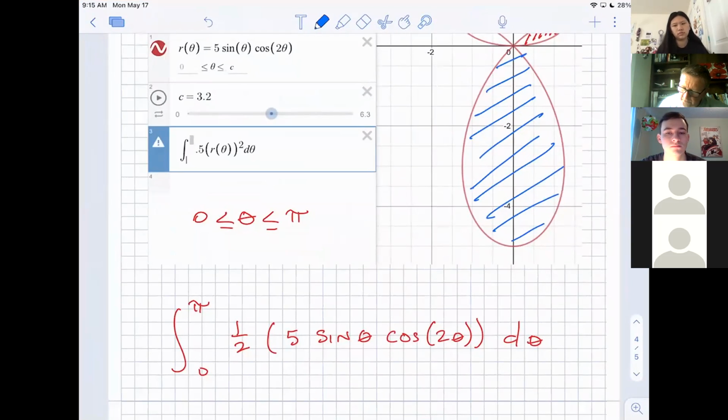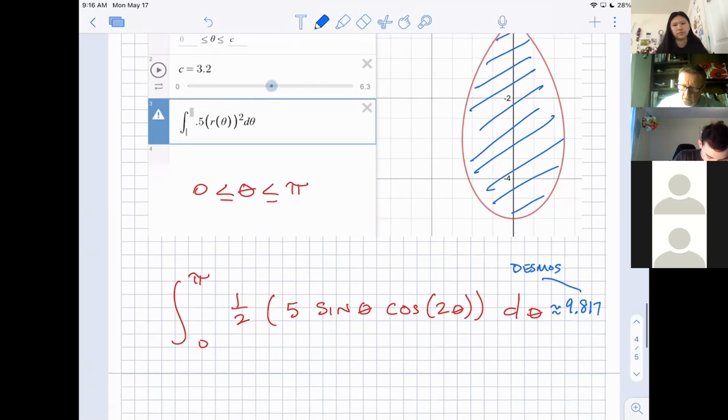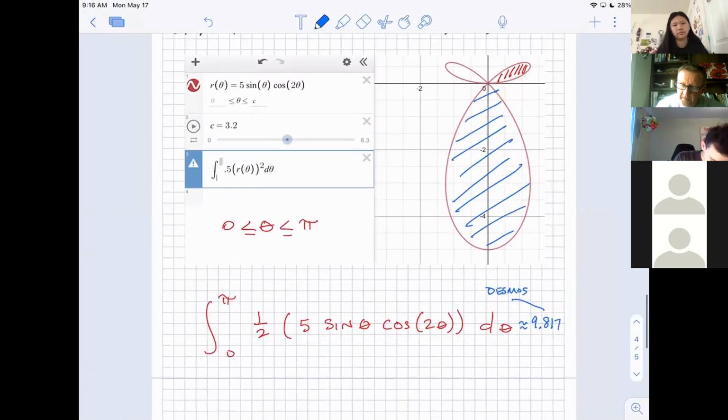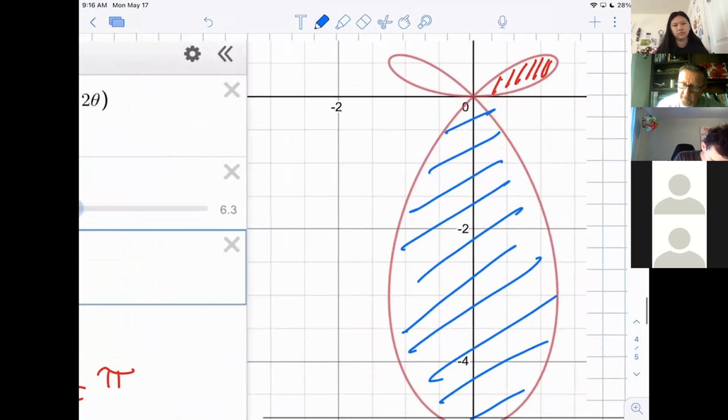But let's do the little chunks and just prove that to ourselves. We have the same problem we had before, and it really helped to watch it grow. So it actually went from 0 to here. Again, notice that's a really interesting place because that's where r is equal to 0.